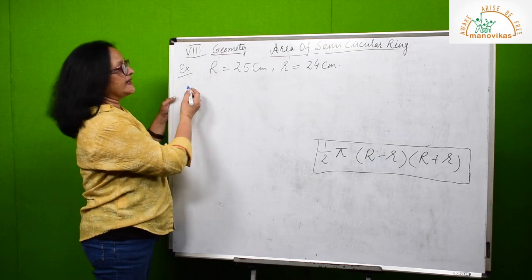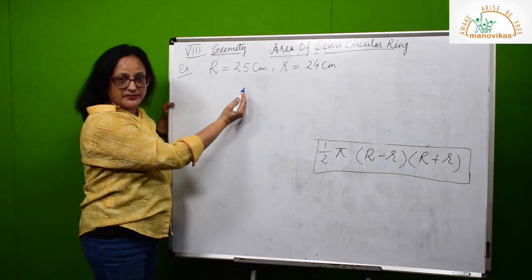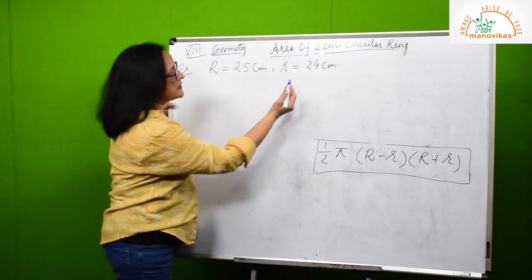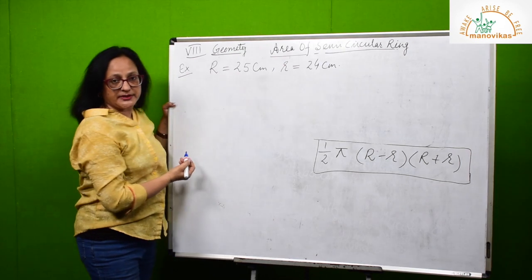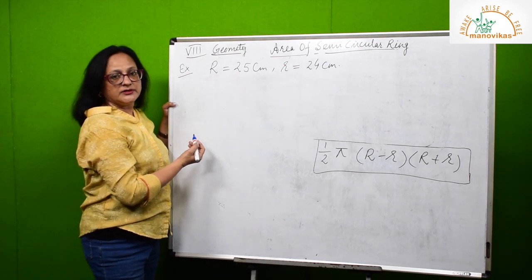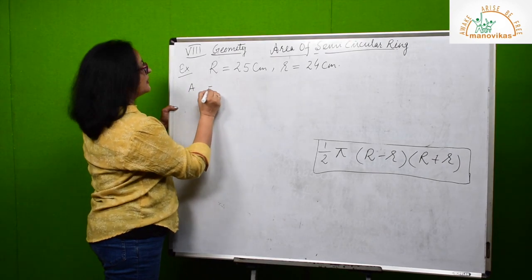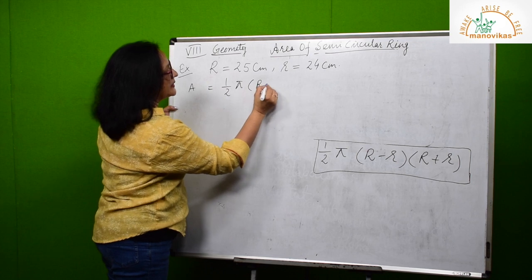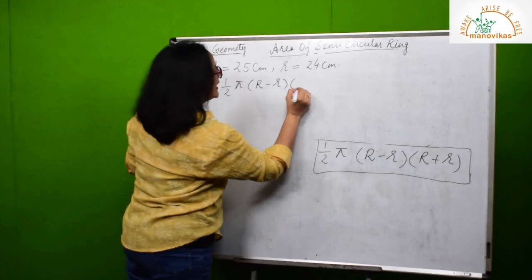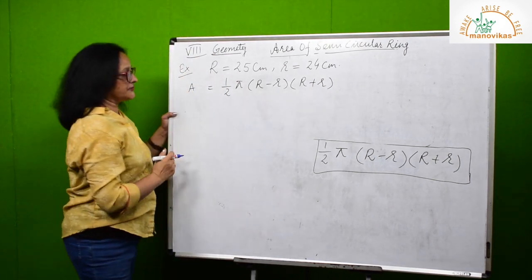I am taking one example. If capital R is equal to 25 centimeter, the outer radius is 25 centimeter, and the inner radius of the semicircular ring is 24 centimeter, then find the area of the semicircular ring. As you know, the formula for the area of semicircular ring is half pi (R minus r)(R plus r). Any factor you can write first.